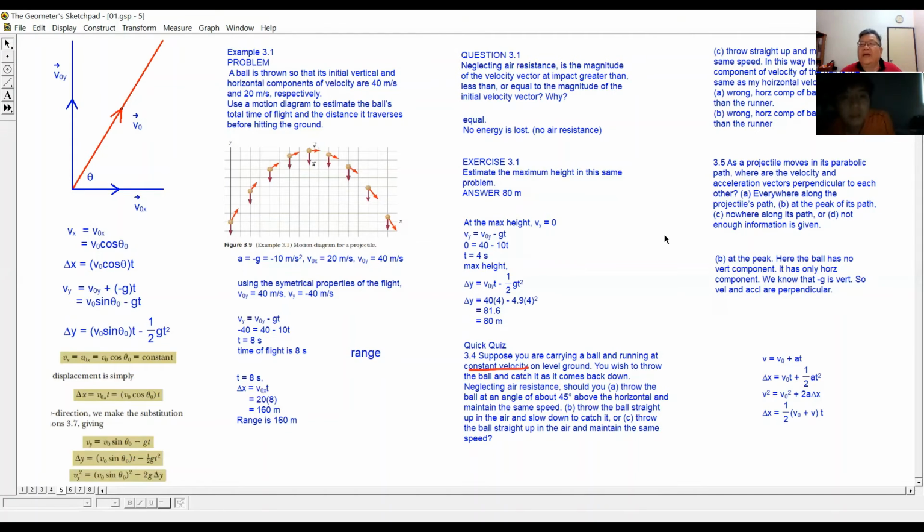Okay. Now, for this question, you have to look at the diagram here.